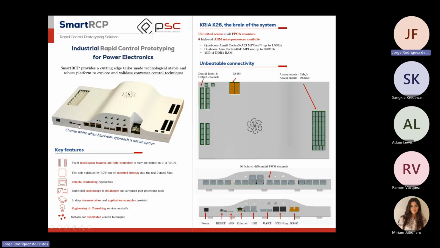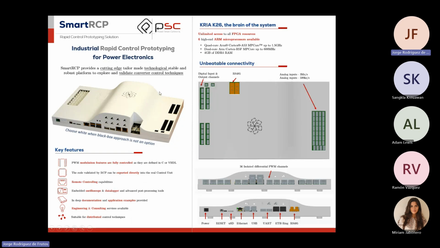This slot is for the micro SD card. This one is for a micro USB cable that will be used to program and debug this system. This is a reset button, the power supply. On this side, we have all the analog input and output signals. On this side, the digital inputs and outputs.